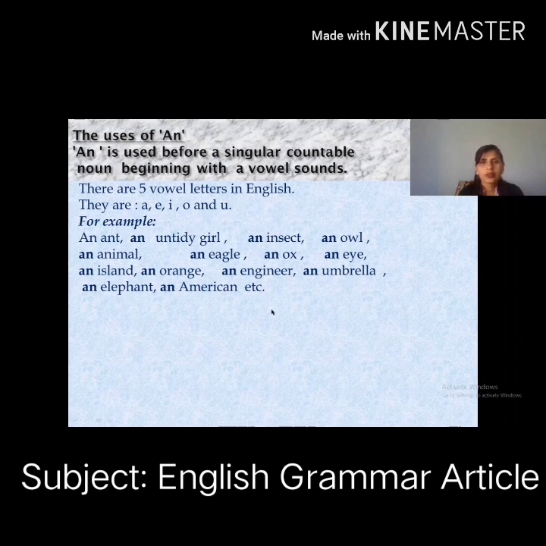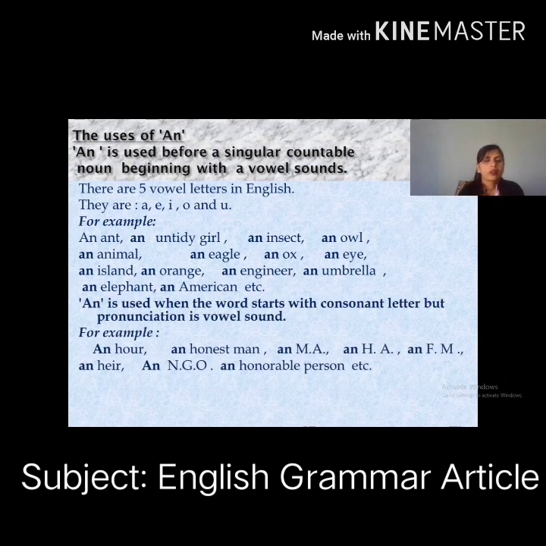Students, there are some words which we always have to remember before using article an. Some examples are hour, honest man, MA, HA, FM, AR, NGO, honorable person.